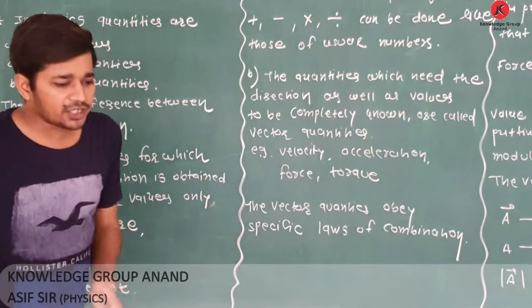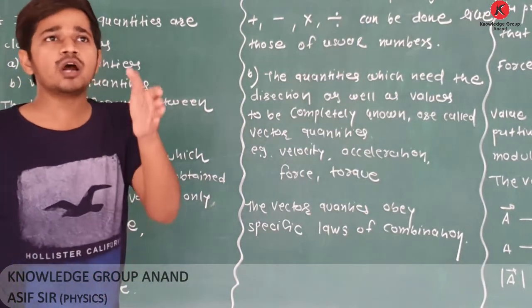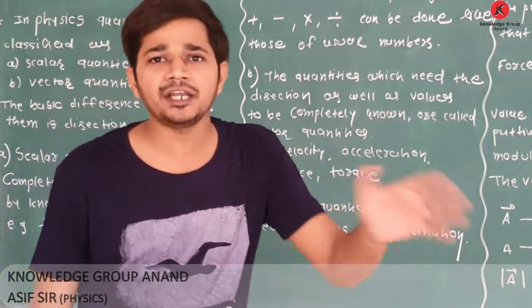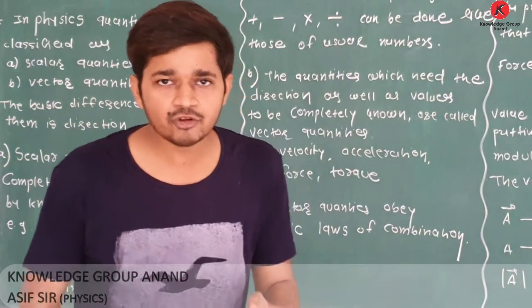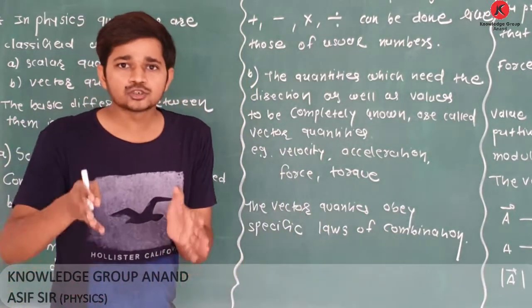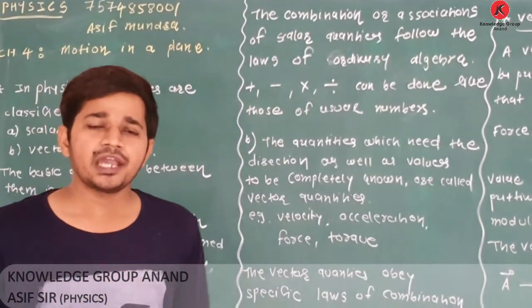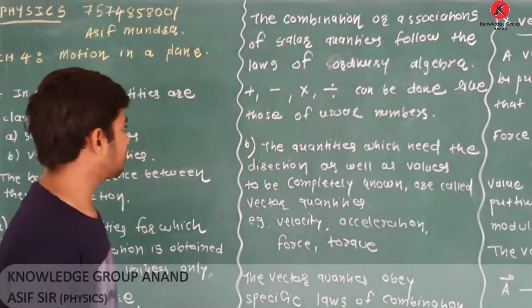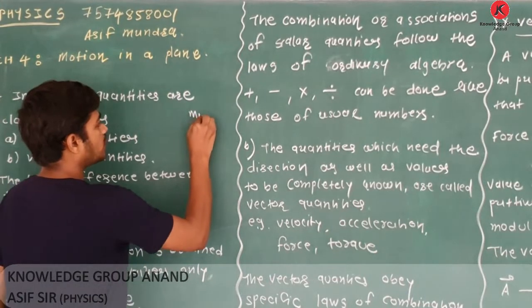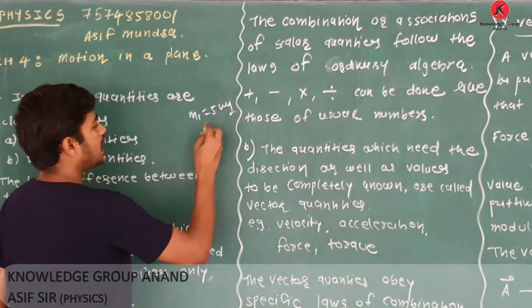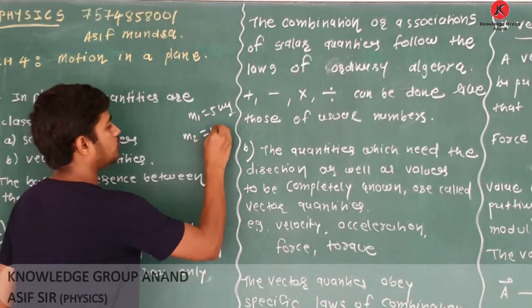For scalar quantities, you know how to add, subtract, multiply and divide. That is called ordinary algebra. For example, I have m1 equal to 5 kg and m2 equal to 10 kg.